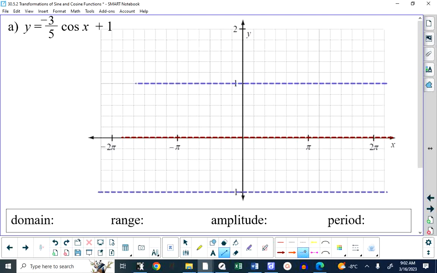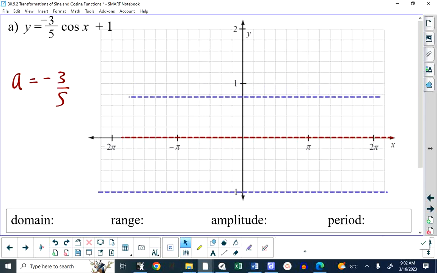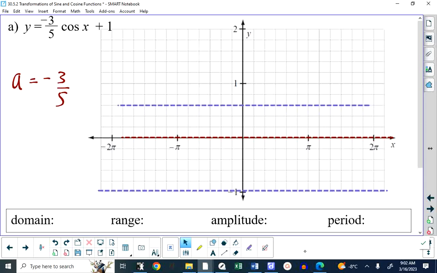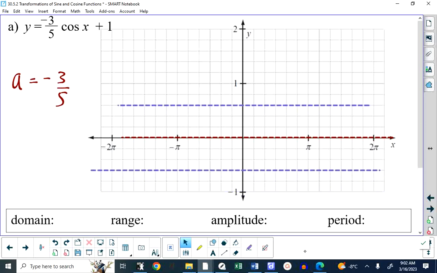You're not drawing this, I'm just talking about the cosine function. But since a here is -3/5, what that means is that the maximum will only be at 3/5 and the minimum will only be at -3/5.